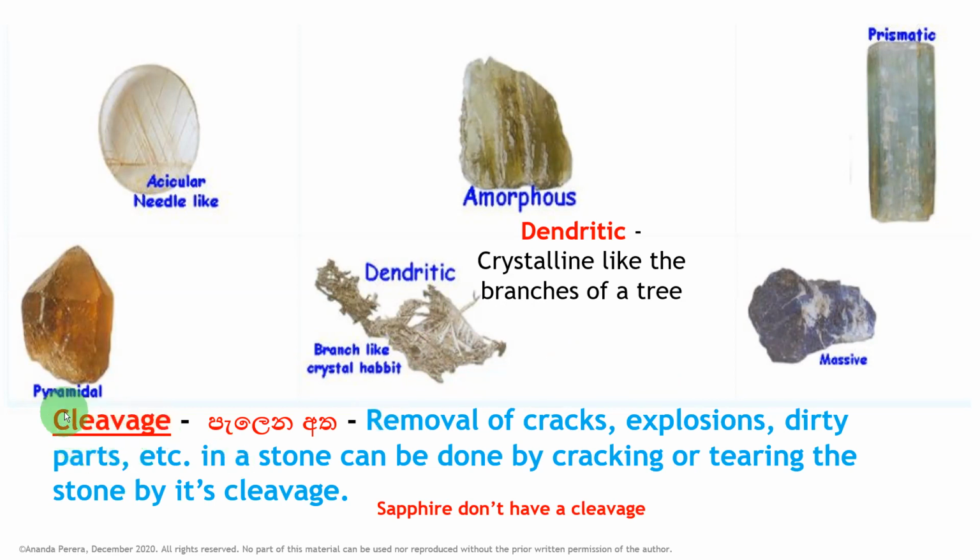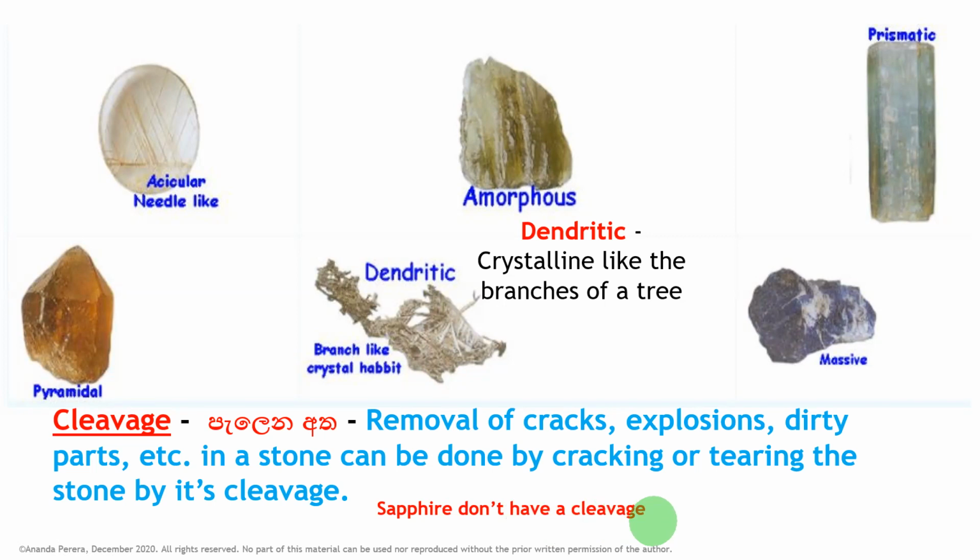Now, another word we have to understand. It is cleavage. Removal of cracks, inclusions, dirty parts, etc. in a stone can be done by cracking or splitting the stone along its cleavage. Remember, sapphire doesn't have a cleavage.